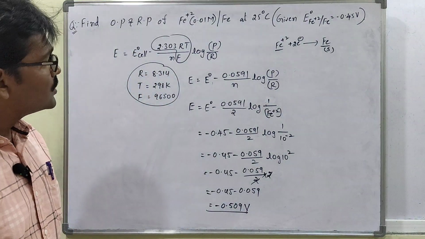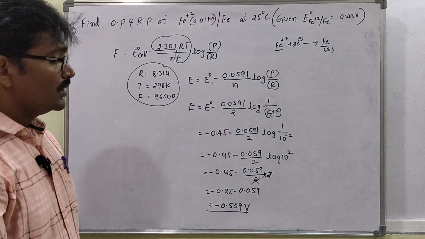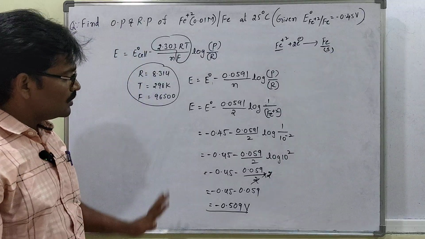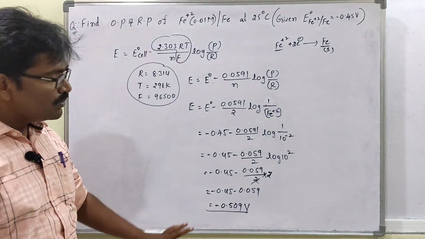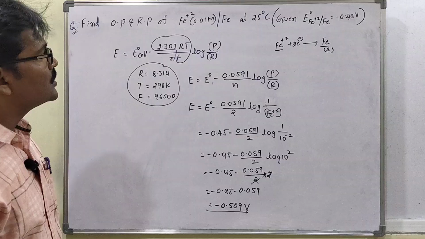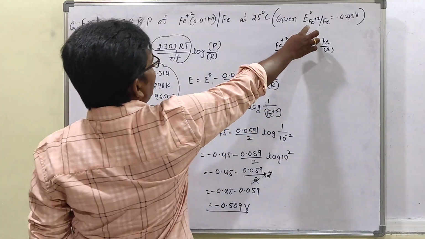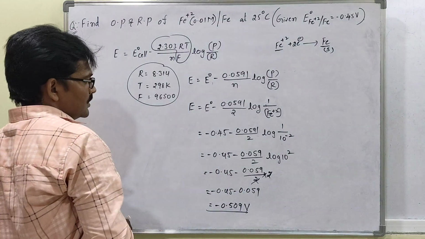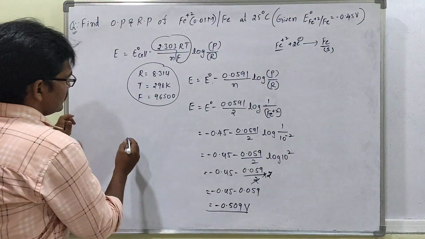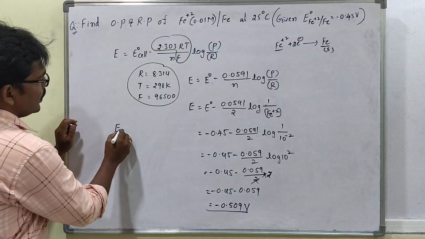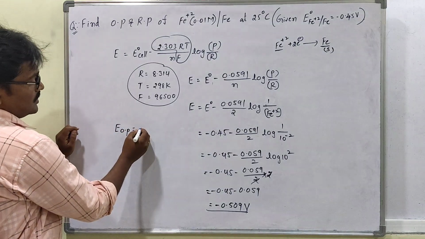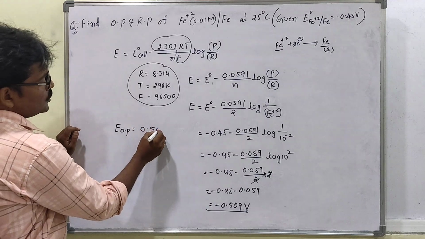Right. So next, look at one more question. Here they are asking the reduction potential value as well as the oxidation potential value. So now we got the reduction potential value, right? Here we are taking the reduction potential value itself. In case the oxidation potential value is required, then the oxidation potential equals minus of minus, which is plus 0.509 volts.